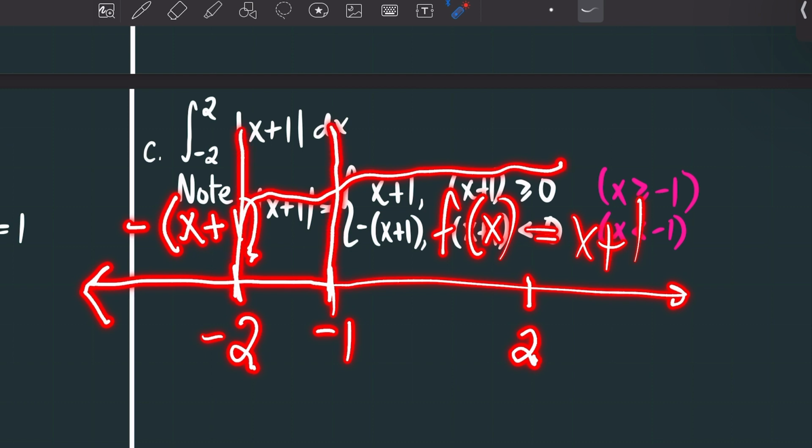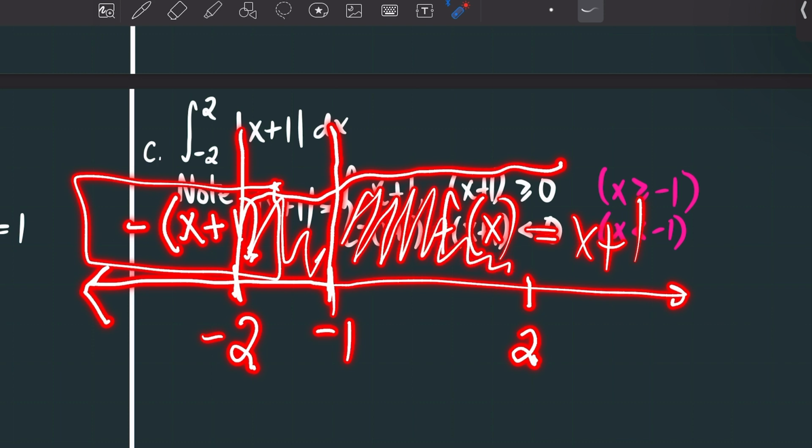First, kunin natin yung integral from negative 2 to negative 1. And ang gagamitin nating version is this one, the negative of x plus 1. Pero, kapag nasa negative 1 to 2 tayo, ang gamitin natin is yung positive, which is x plus 1.